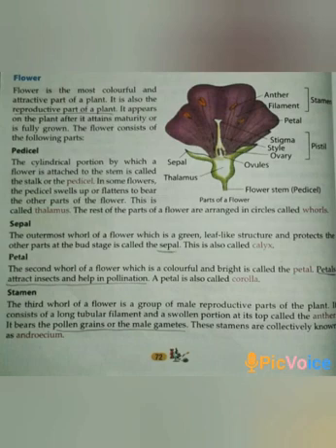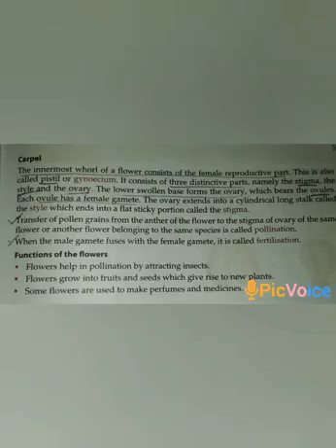So children, first whorl is sepal, second whorl is petal, and third one is stamen. Then comes the carpel. The innermost whorl of a flower consists of the female reproductive part. This is also called pistil or gynoecium.